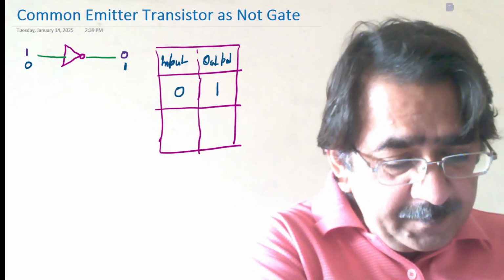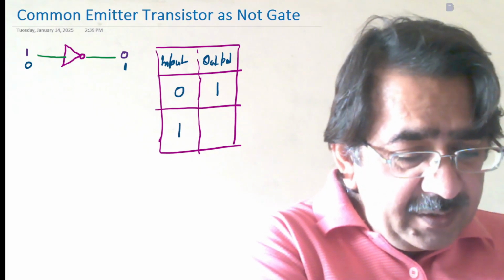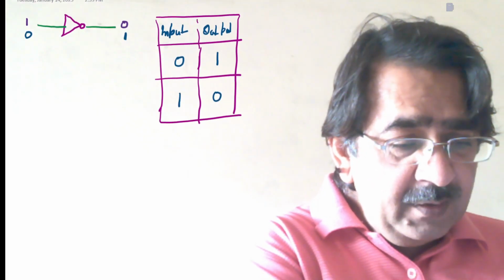If the input is a 1, then the output will be a 0.